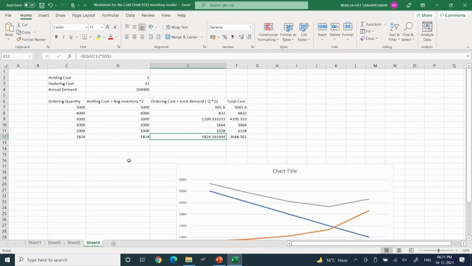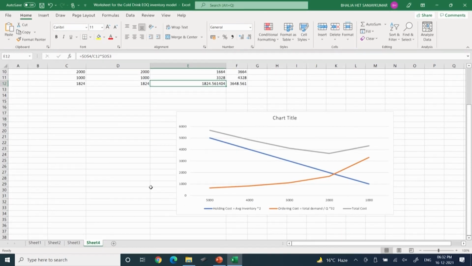So, what I am going to do? I am going to derive an expression for finding the optimal ordering quantity. Not only that, you see the picture when I plot. The blue one says the holding cost, the orange one says ordering cost, the gray color shows the total cost.